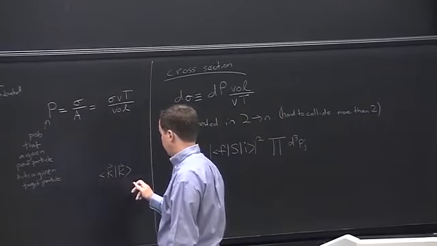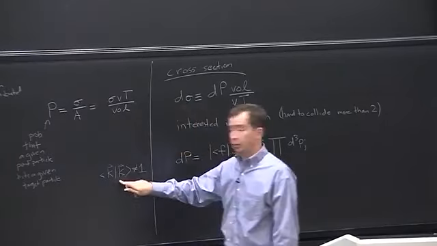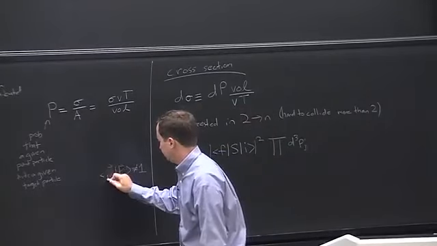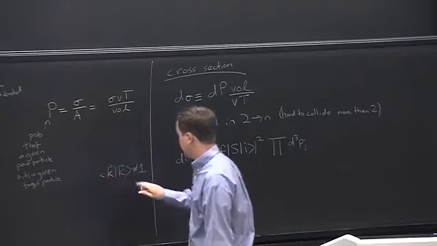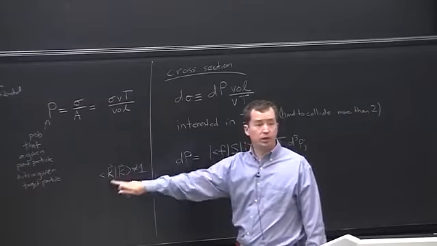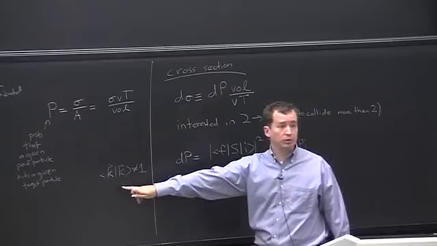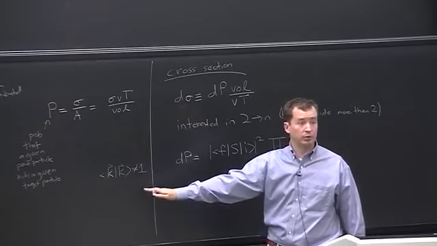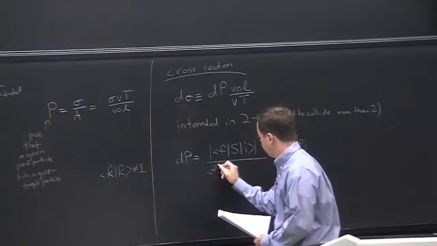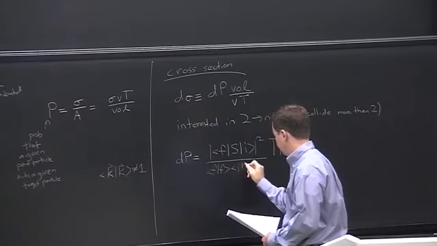So amplitudes like this, one particle, P and K, K and K, are not unit normalized. If we had a P and a K, it would be a delta function. We chose a Lorentz invariant normalization for our one particle states, and similarly, our multi-particle states are not going to be unit normalized. So we need to account for the normalization of our initial and final states.